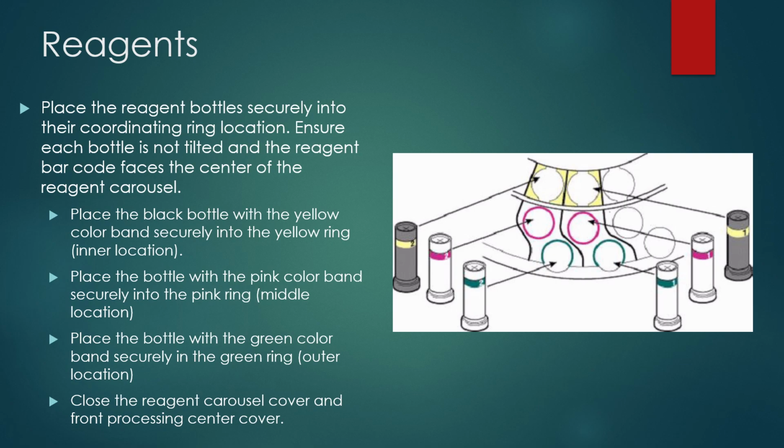The main thing to do is to make sure that while they're being placed onto their location, they're firm and not tilted, and you want to make sure that the barcode is facing in towards the barcode reader, and that's located in the center, right around over here. After that's done, you would just close the reagent carousel cover and the front processing center cover, and since we were in standby, we would just go ahead and start the instrument back up.